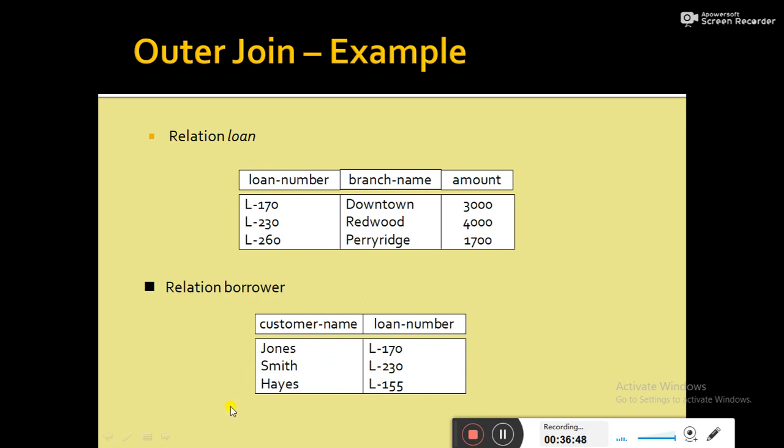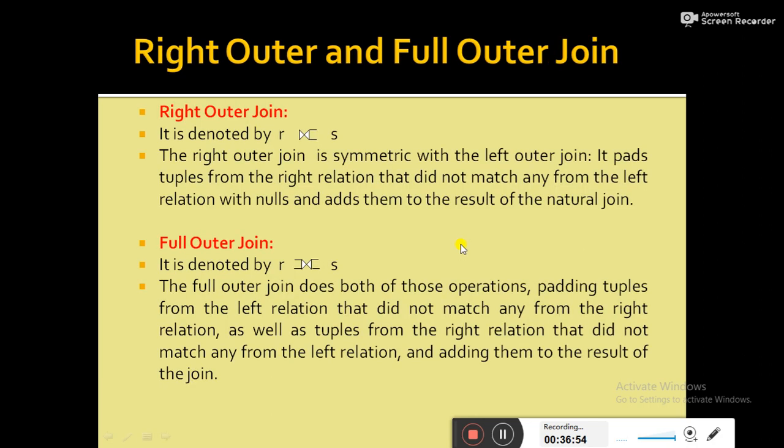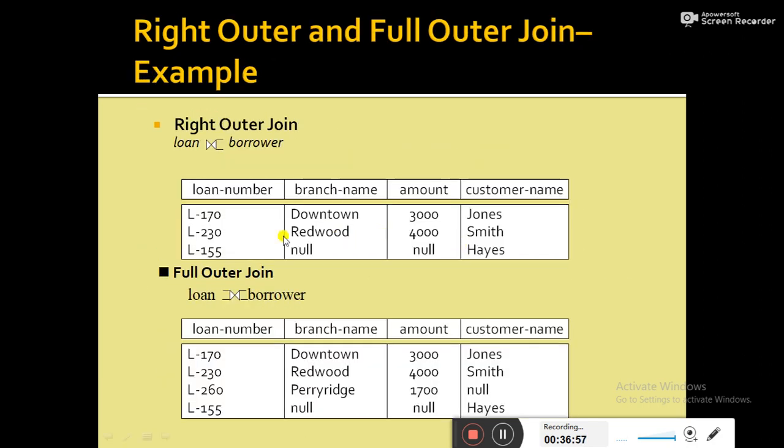The right outer join includes this record also, but the other fields will be padded with null. L155's branch name and amount are not present in the loan relation, which is why they are padded with null. The customer name is S. So right outer join performs the natural join operation first, and then includes all the records from the right hand side relation for which no corresponding record is present in the left hand side relation, with the missing attributes padded with null.